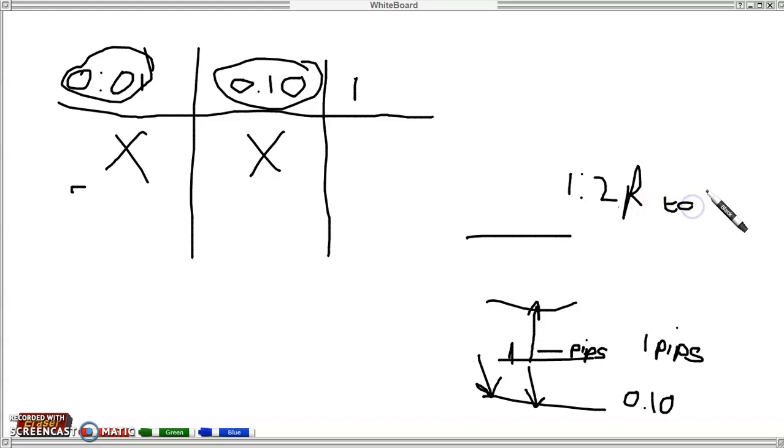If your take profit is around this area, then you know exactly, all right, I have maybe a 50 pip take profit, and you have a 10 pip stop loss. So now that's a good risk to reward.